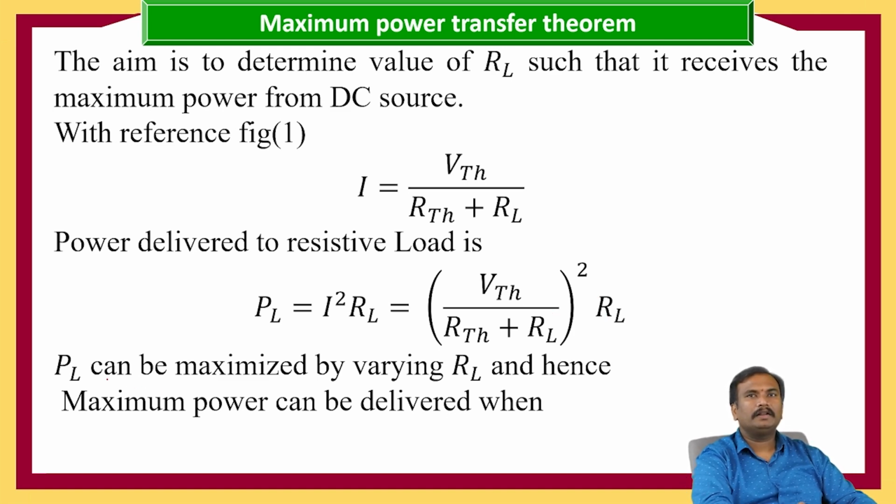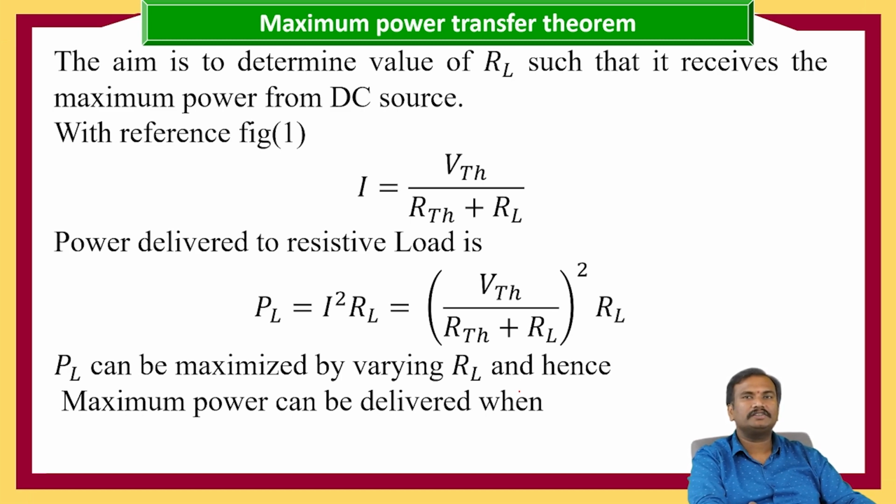This is the power equation, and this will be maximum by varying the load resistance. Hence, the maximum power can be delivered when the differentiation of the power equation with respect to RL is equal to 0.